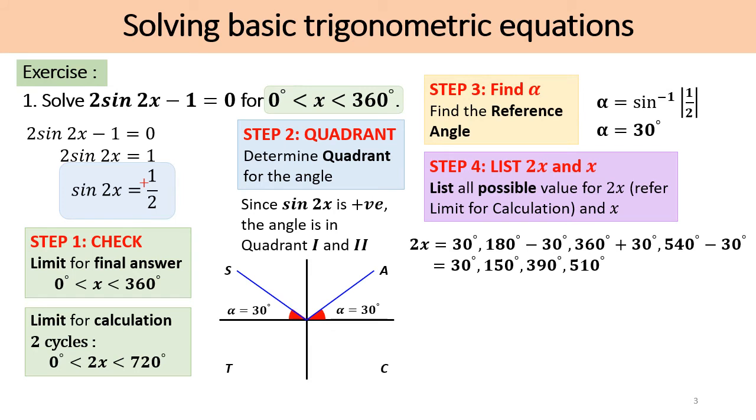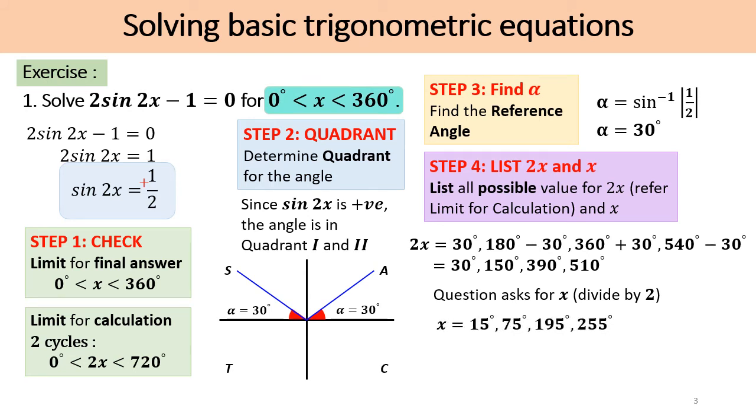Next, the question asks us to solve for x, so we divide all the values by 2 and we get x is equal to 15 degrees, 75 degrees, 195 degrees as well as 255 degrees.